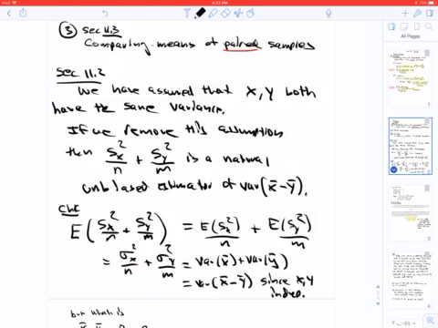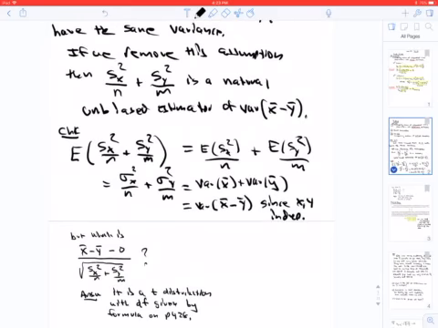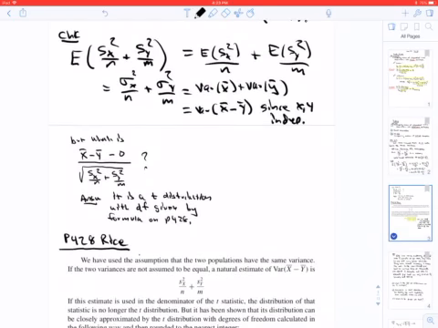Okay, so section 11.2. We now remove the assumption that we have the same variance, and it's natural to look at the sum of the sample variances divided by n and m, which turns out to be an unbiased estimator. It's just what you need. You can check here that its expectation is the variance of the difference of the means.